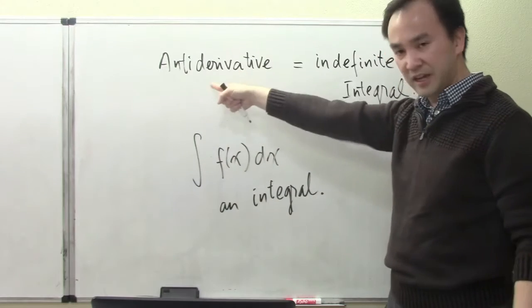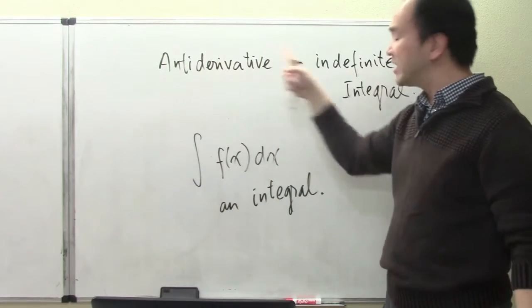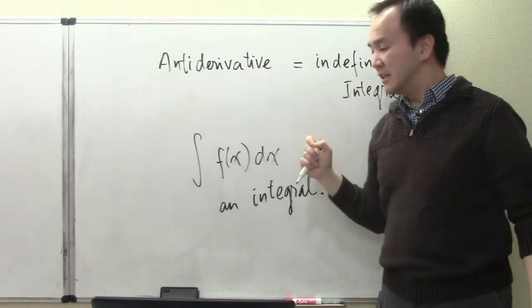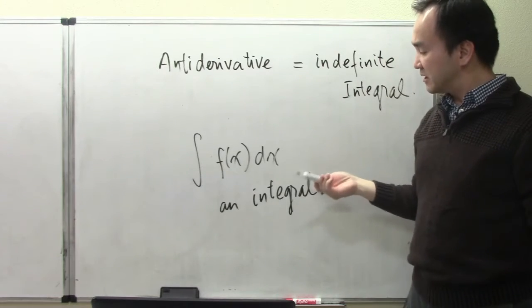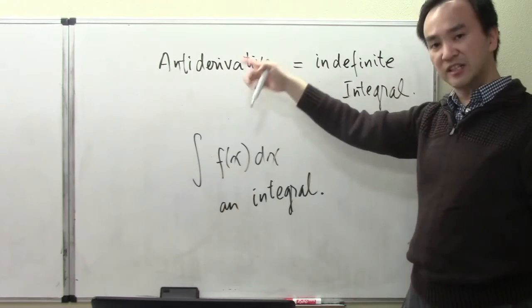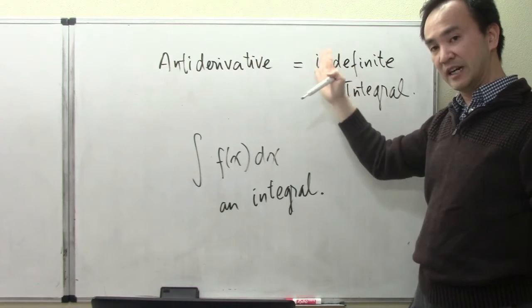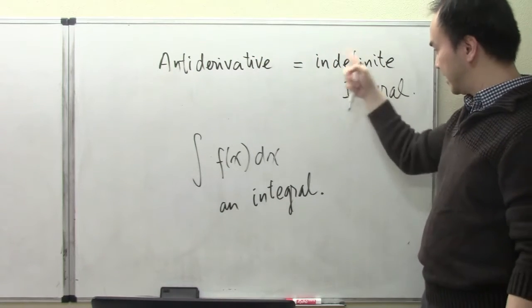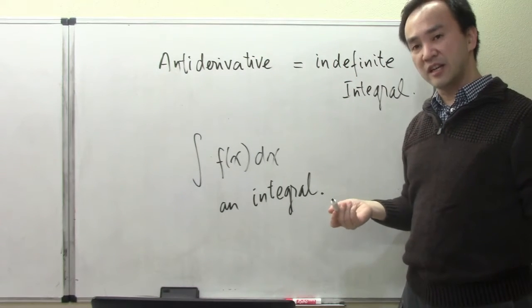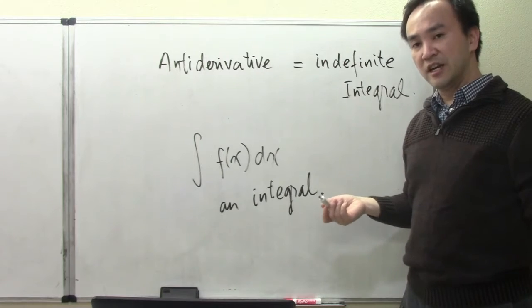That was the reason why I explained at the end of some of the earlier lectures that, because of that, the antiderivative is accepted and understood as an indefinite integral.